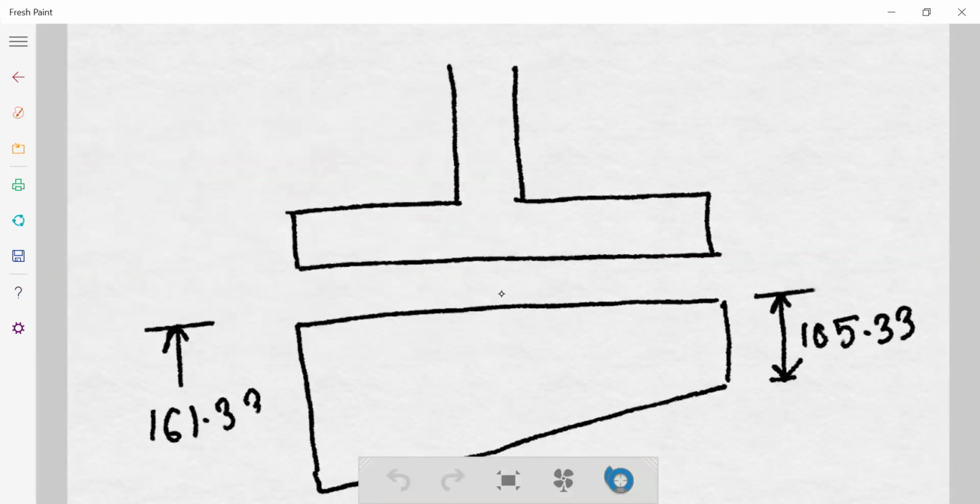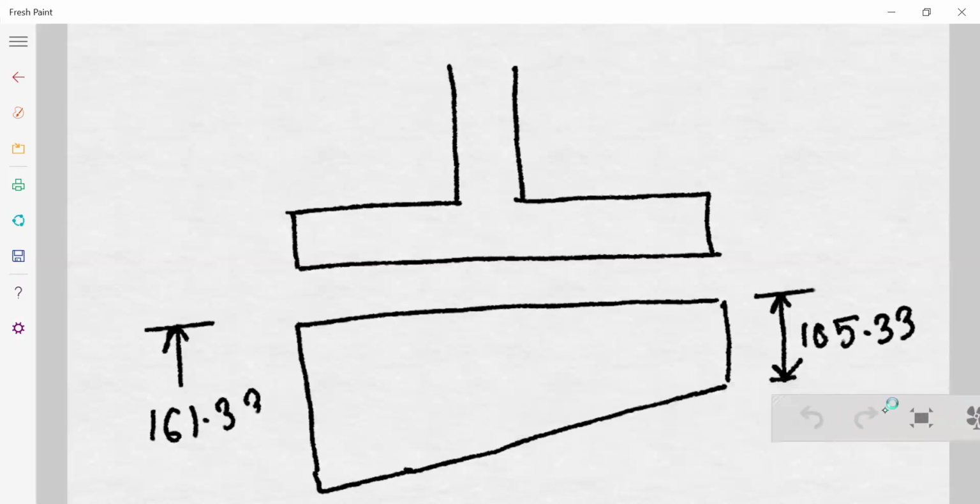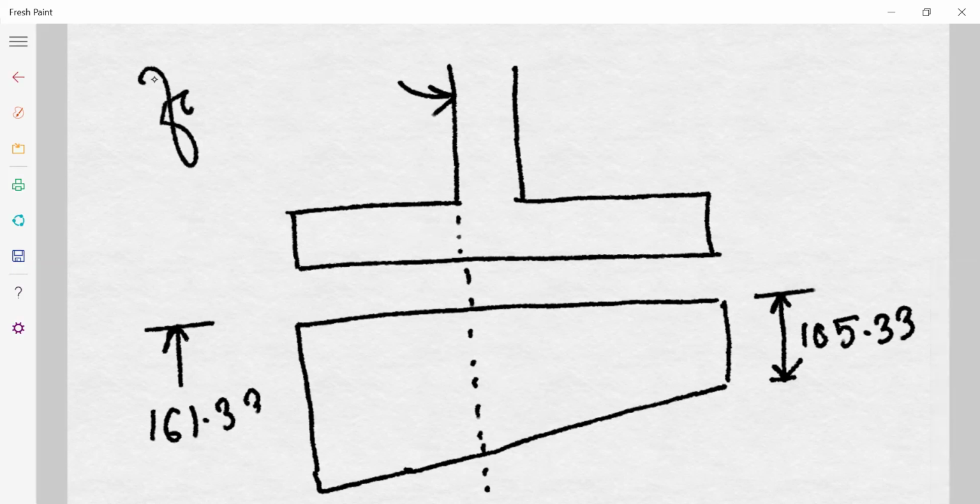Now, what will you do here? Using these pressure values, we have to find out the bending moment in the footing. For the bending moment in the footing, we always consider the bending moment at the face of the column.